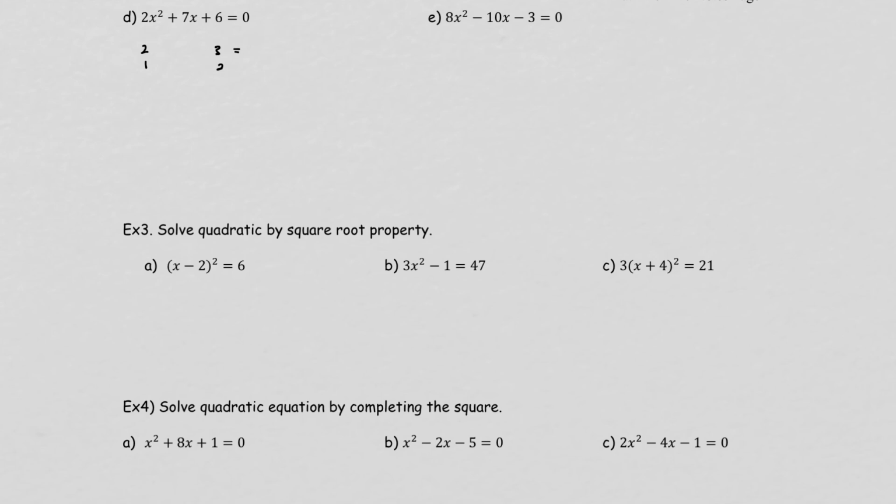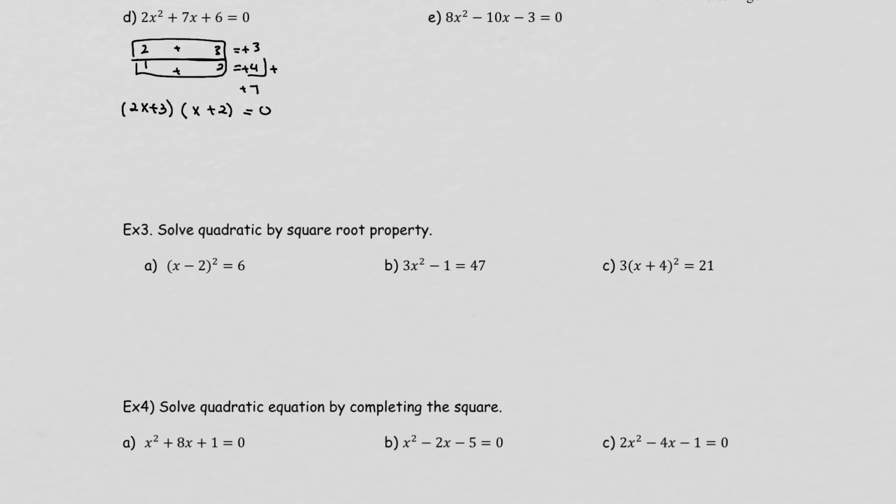When you cross multiply, you get 3 and 4. And when we add these two numbers, we should get positive 7. And if this is true, your signs have to be both positive. So this is your first factor, this is your second factor. So you get 2x plus 3 and 1x plus 2 equals 0.